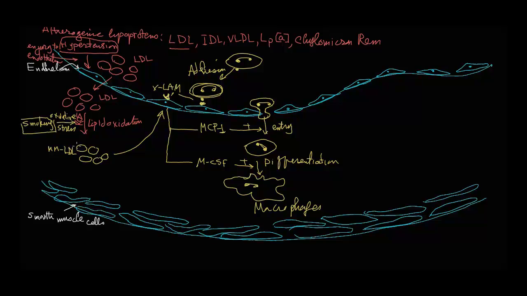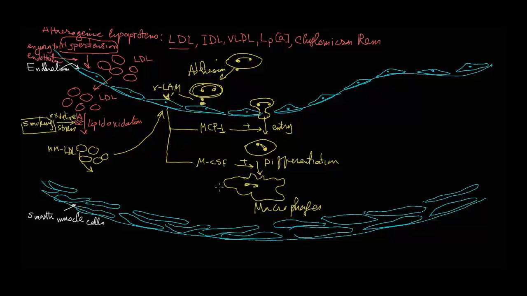So the minimally modified LDL will stimulate the endothelium of blood vessels to express adhesion molecules, for example, ELAM, and to express monocyte chemotactic factor, which recruits the monocytes towards the intima, and then they become differentiated into macrophages by the macrophage colony stimulating factor, which is produced by the endothelium as well.